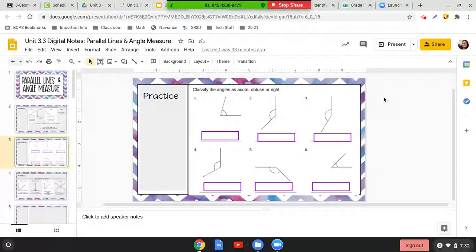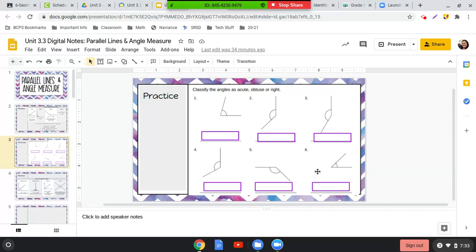Three has an even wider Pac-Man mouth, so it is going to be obtuse as well. Four, again, it's a big one, wide open, so it's going to be obtuse. Five, even though it's upside down, it's still got a super wide opening, so it's going to be obtuse.